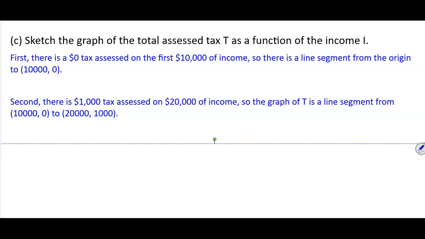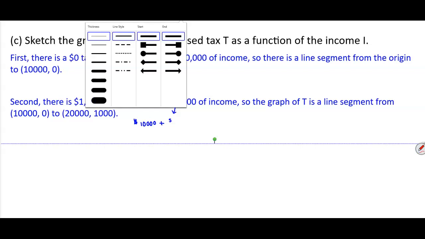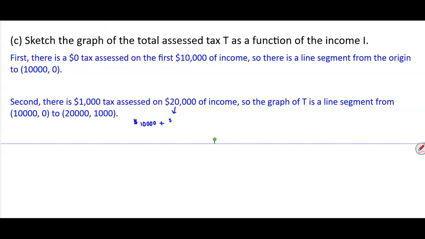The first one we know is 10,000, and there's no tax. But on 20,000, we have an additional $10,000 over the $10,000.